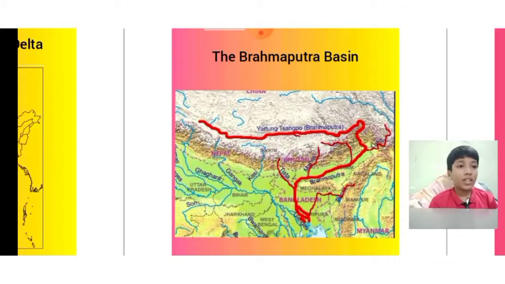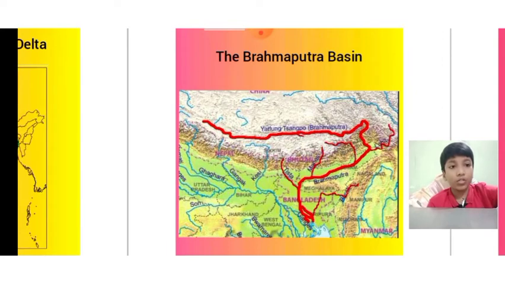It enters India in Arunachal Pradesh and comes down to Assam and goes to West Bengal. But before going to Bangladesh, it goes to Assam and comes to West Bengal. Next it comes to Bangladesh, and it will also go to the Bay of Bengal.